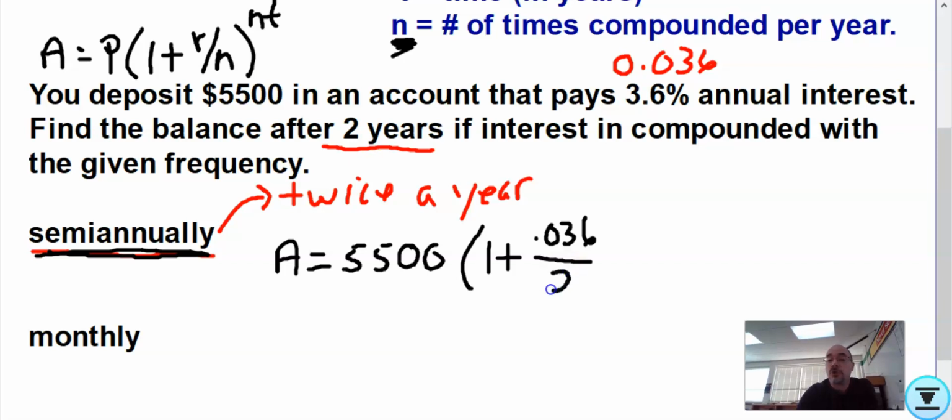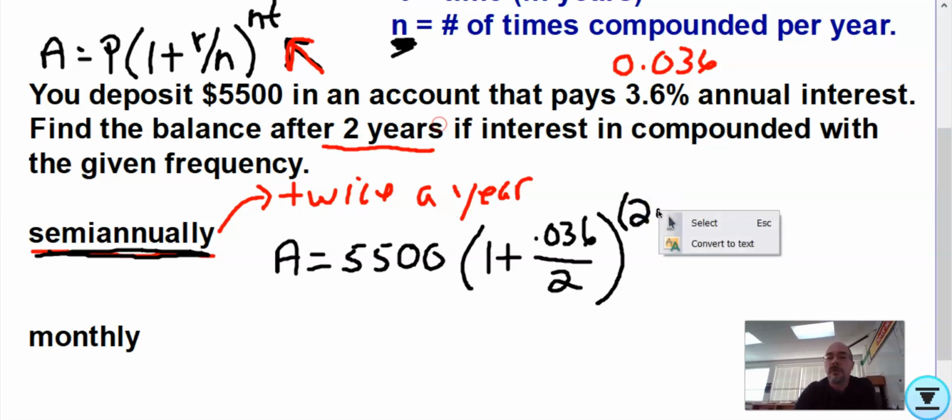So that means I need to put a 2 underneath that, close it, and then in the exponent, notice right here it says N times T. Well, N is 2 times, and then T is the number of years, 2 years. All right, now that's a 4. If you'd rather just put a 4 there, you are certainly welcome to do that.